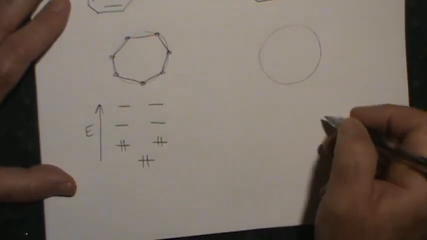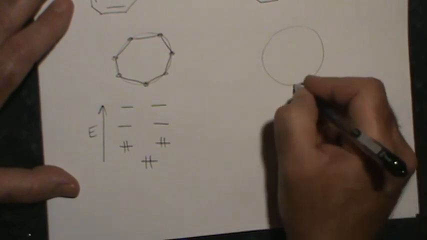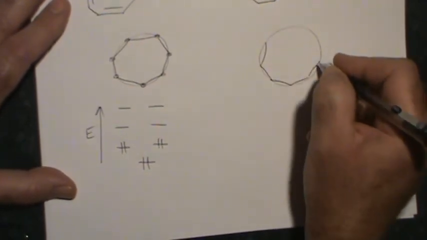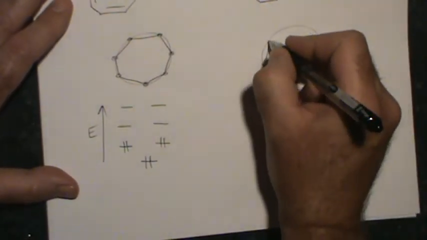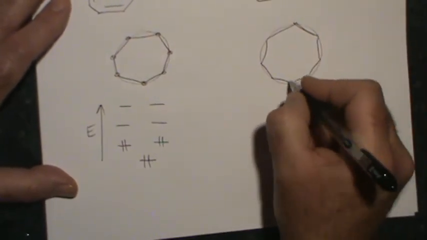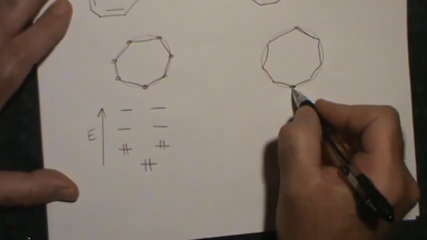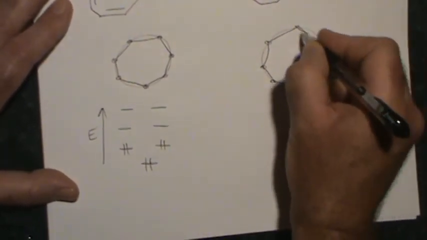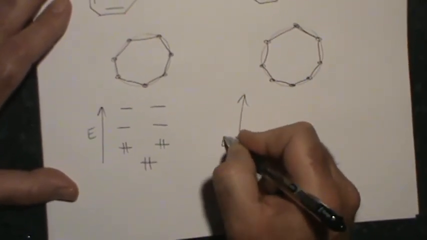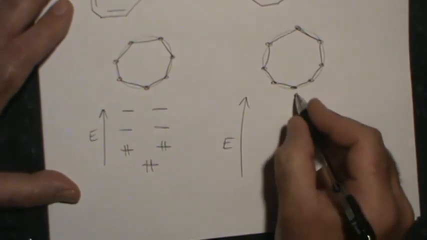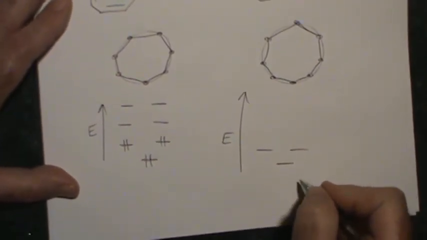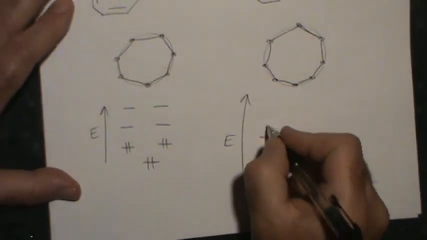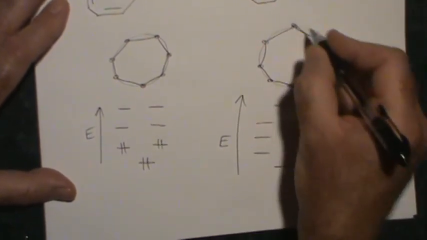Now it's getting harder and harder to draw Frost circles here, but we'll give it a shot. Difficult to do because one of the vertices has to be at the lowest point of the circle, but if you do it, you realize that the spacing of the 8 pi molecular orbitals would be 1 at the bottom, 2 degenerate above it, that's those 2, 2 more degenerate above it, that's those 2, 2 more above it, that's those 2, and then finally 1 at the top, that's that one.